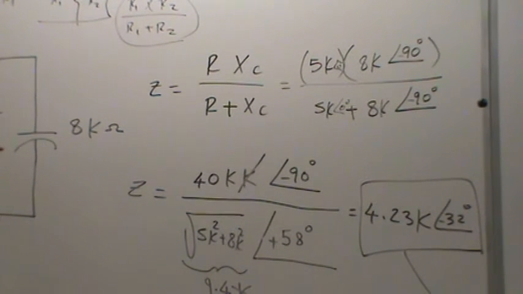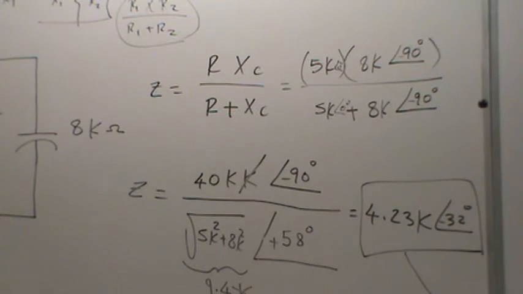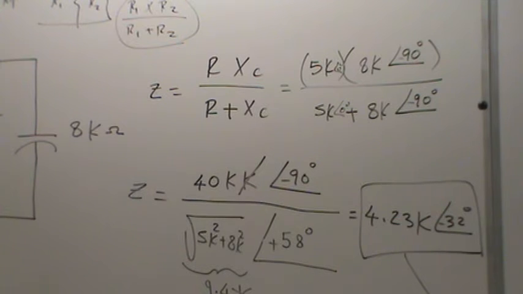No, I thought it was positive. It is now because X of C falls below the zero line. When you're trying to find X of L, it goes up, X of C goes down. So X of C is going to be negative 90. Well, the current goes up, but the impedance goes down.